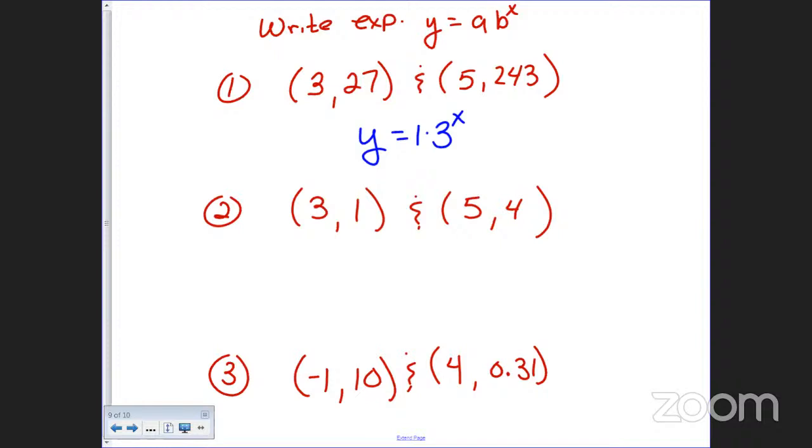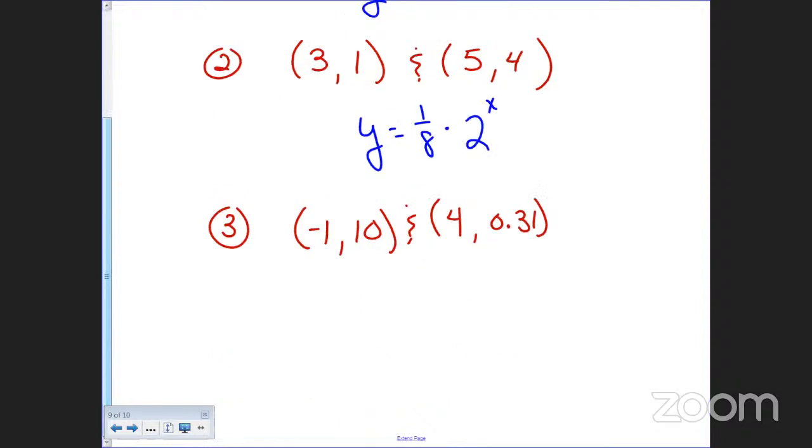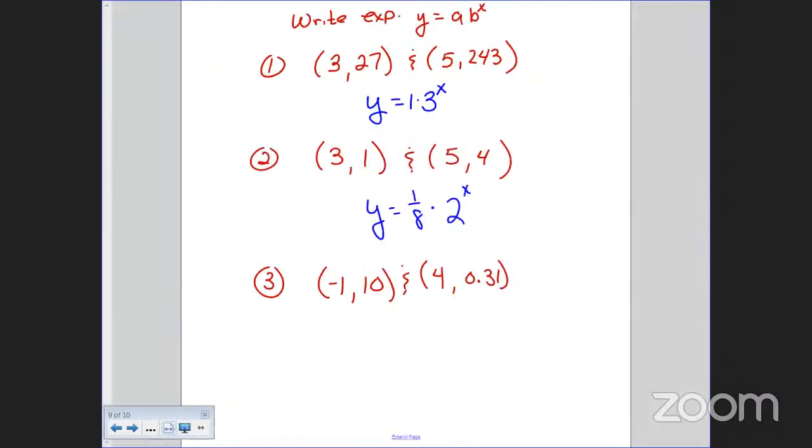The second one there, and then we'll do any of these that you want to do, would be y equals 1/8 times 2 to the x. That's the second one. And the last one here, extend this page, the last one here I gave you was that one.